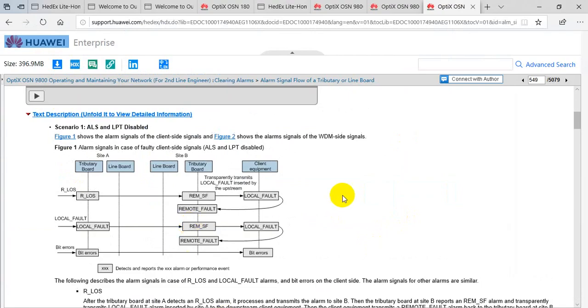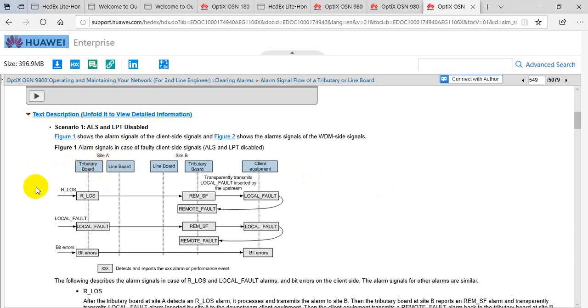So the first scenario has the 10G LAN PHY signal, and on the OTN tributary boards, automatic laser shutdown and LPT, link pass through, are disabled. At the A end of OTN, a signal comes from the client.